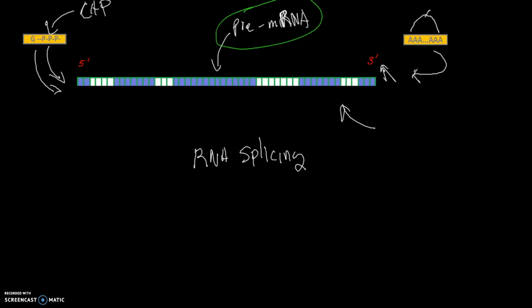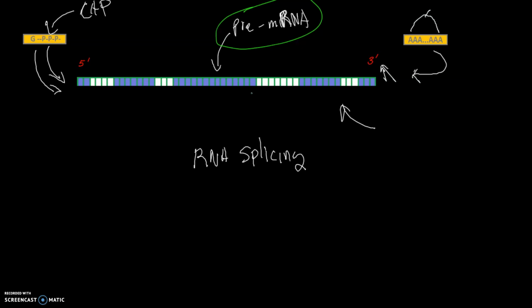So then, what is pre-messenger RNA? Now we understand that a gene is a requirement to make amino acids, and those amino acids are used to build proteins. Well, messenger RNA is the carrier of the functional genetic codes for a gene, and within a gene are regions of excess bases called introns.